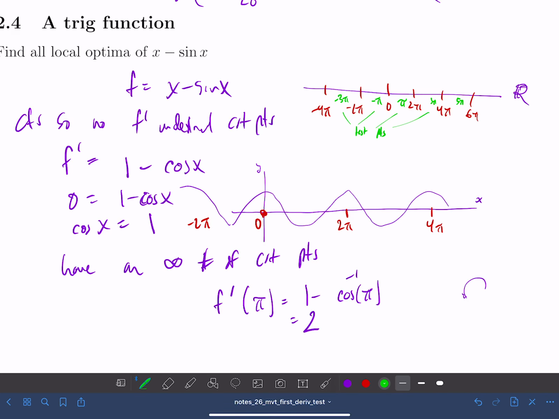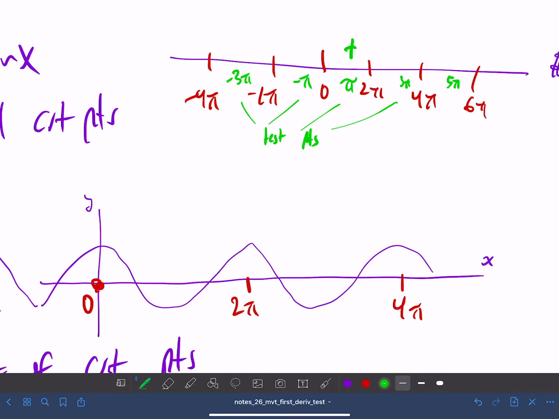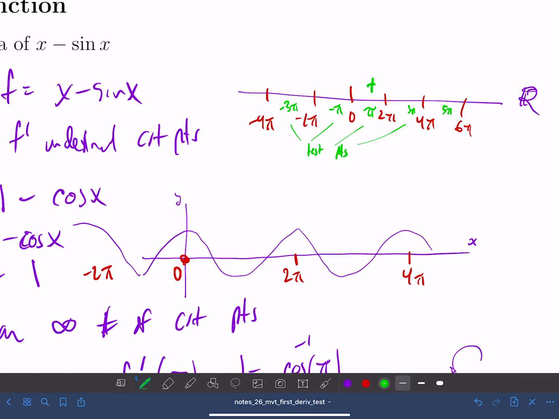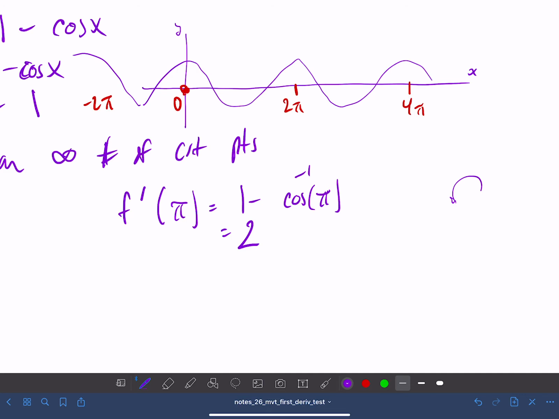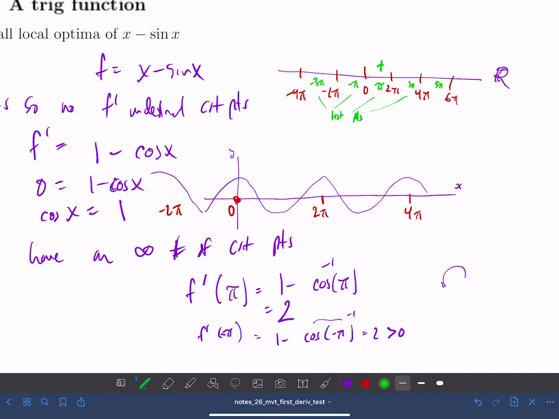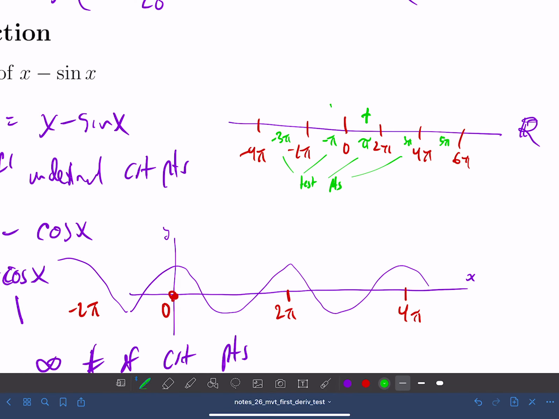So we found that the derivative is positive. Let's do it for f prime of minus pi: 1 minus cosine of minus pi. Cosine of minus pi is also minus 1. This is equal to 2, which is bigger than 0. So the first derivative is positive.